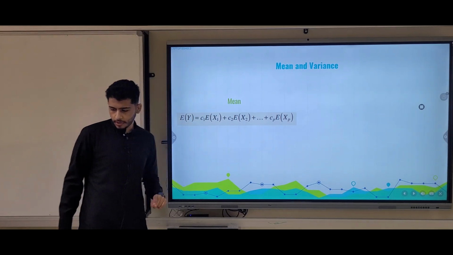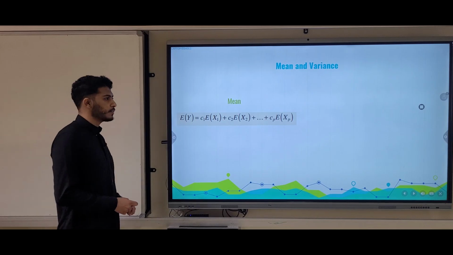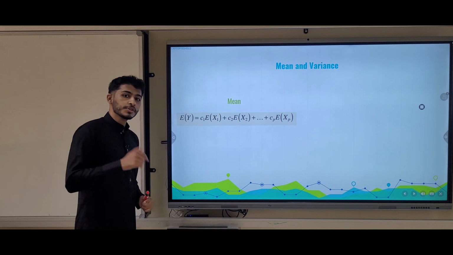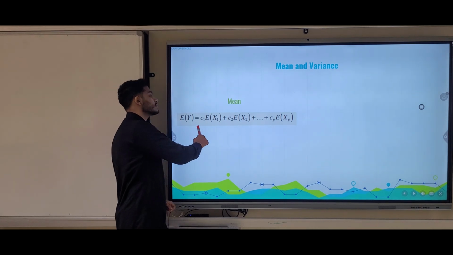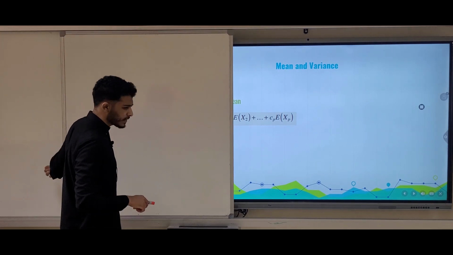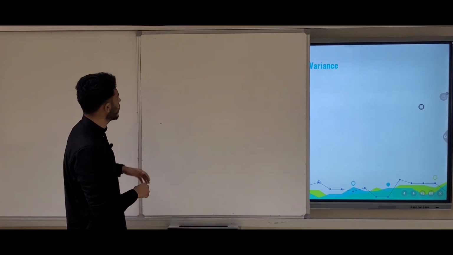Let me show you something though. There is something people say, which is that the expected value of the sum is equal to the sum of expected values. Here what we have is the sum of expected values. But let me show you what I mean by the expected value of the sum. Let me give a really simple trivial example here.